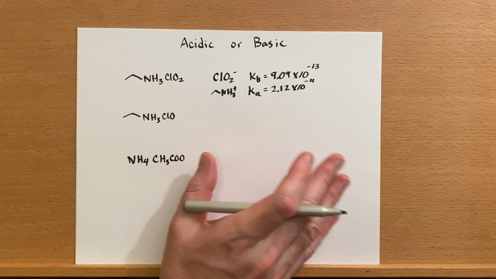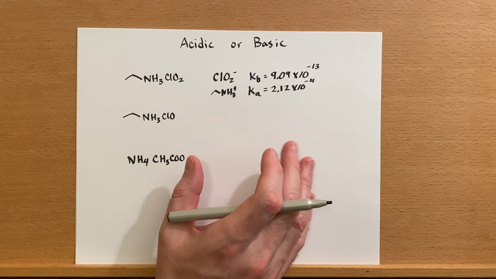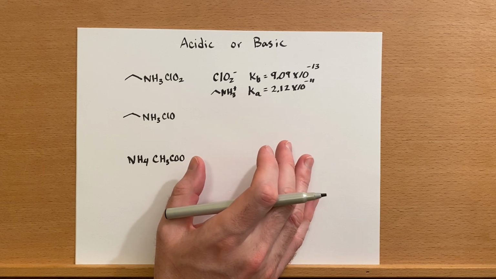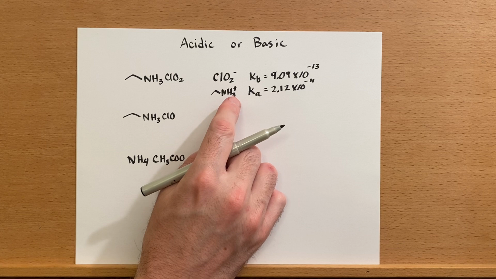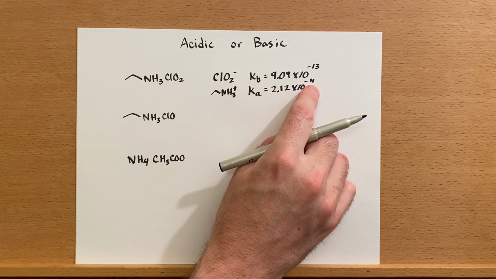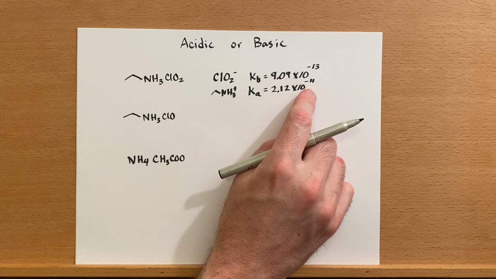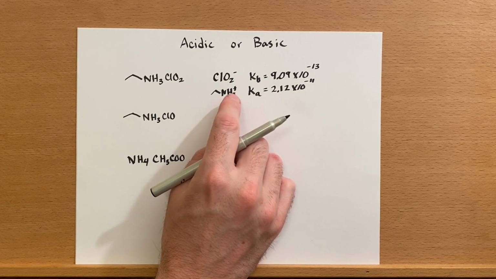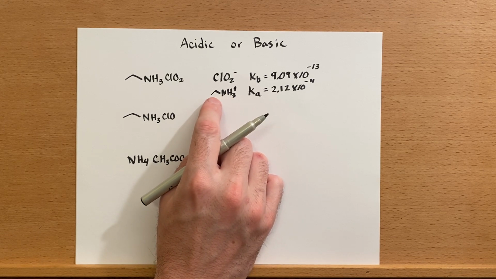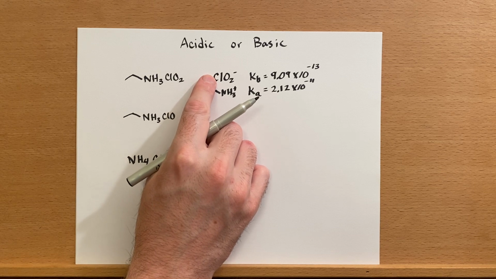But now we can answer the question. We need to know which one of these is better at its job. Now, this is times 10 to the minus 11. That's times 10 to the minus 13. So this is a larger number. That means I have a better acid in this ion right here than this one is a base.